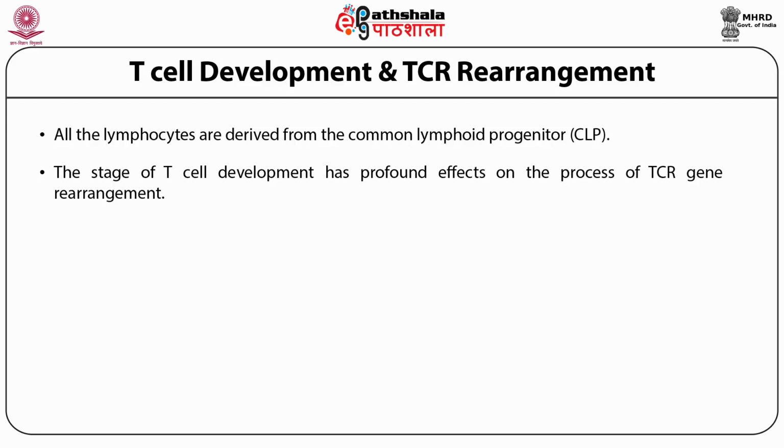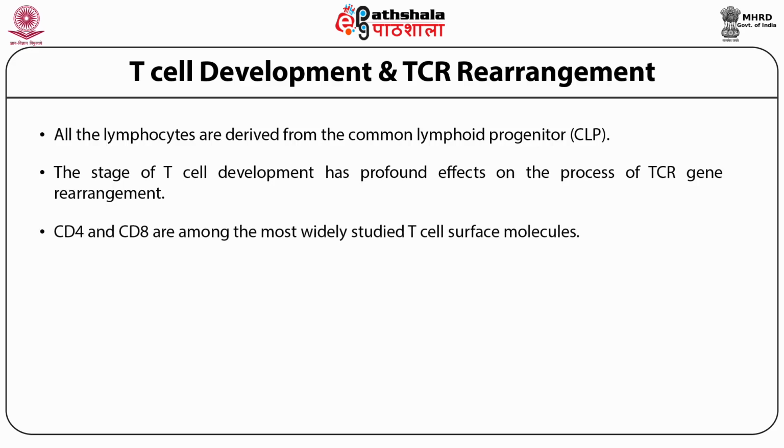The developmental stages of T cells are studied with respect to the expression of certain well-defined surface molecules. These surface molecules are usually designated CD, which stands for cluster of differentiation. CD4 and CD8 are among the most widely studied T cell surface marker molecules.